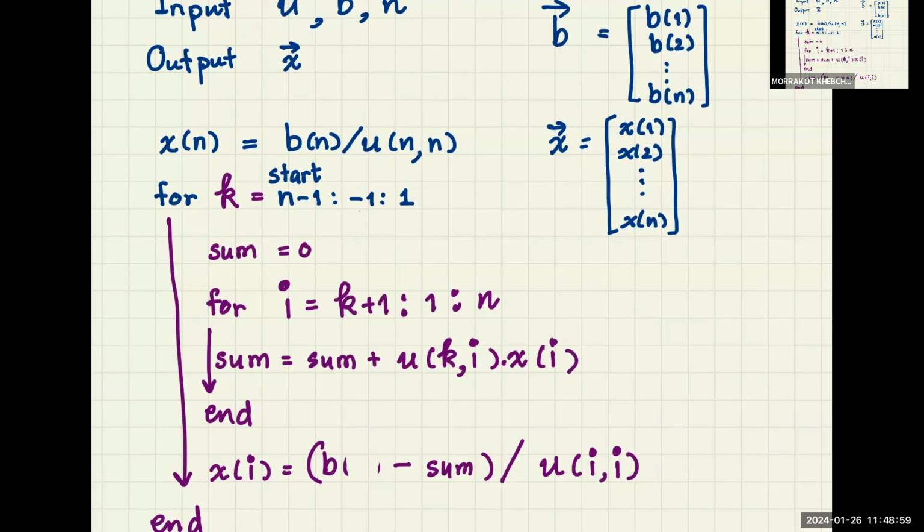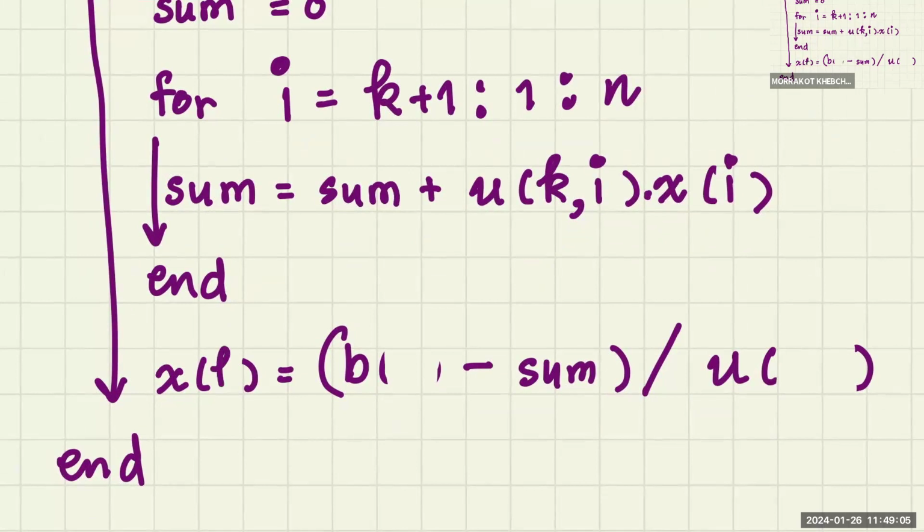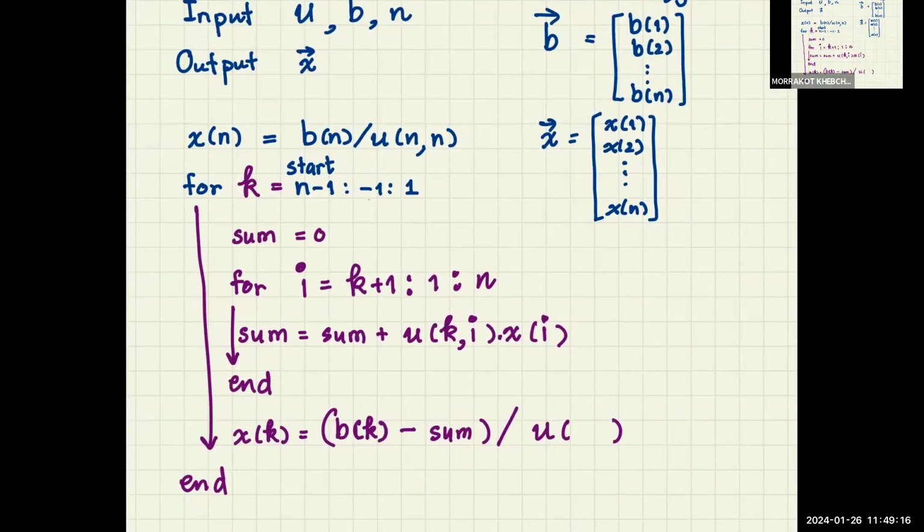So now x k is going to be the k equation, subtract by the summation you got from previous, and divided by u k k. Yeah, so you were not confused. So this is called the back substitution.